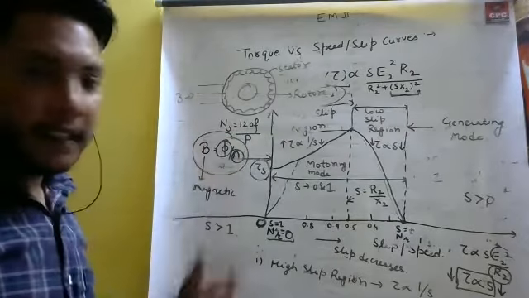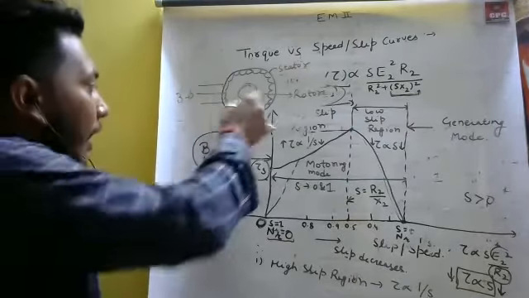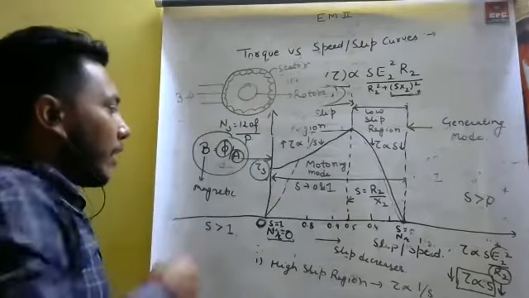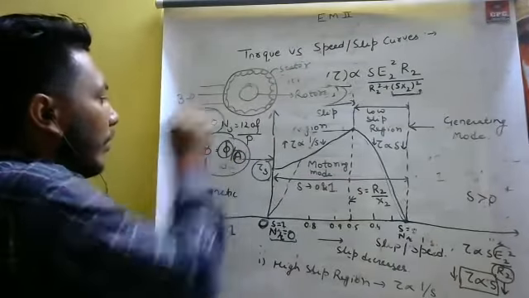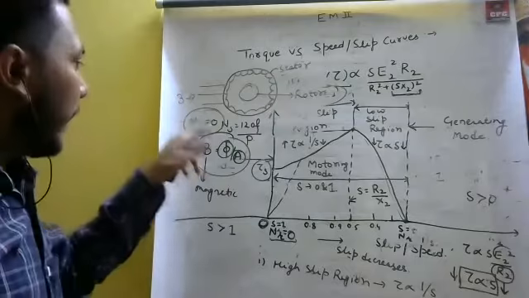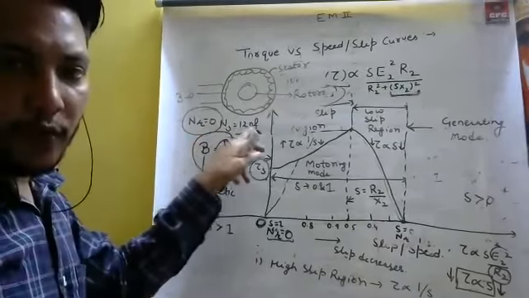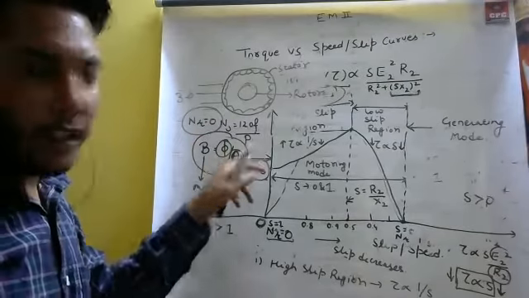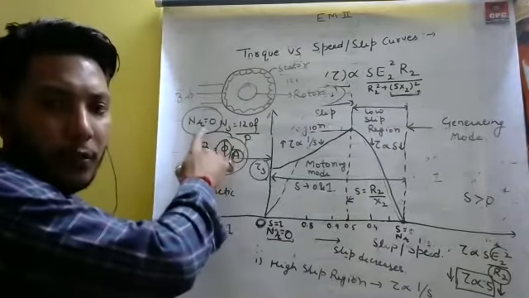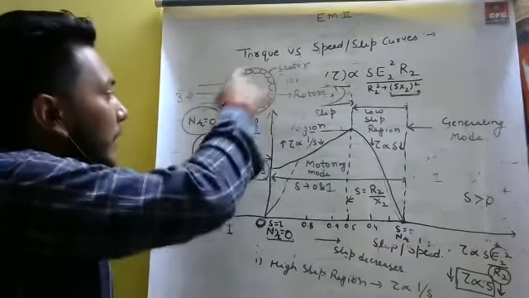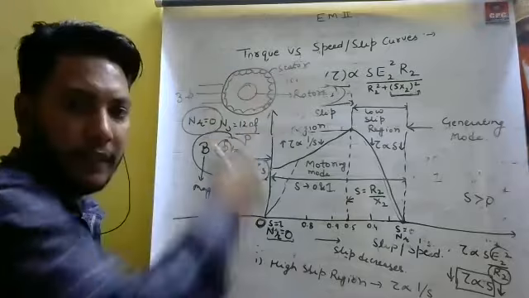At starting, the flux is very high, and the rotor speed is zero. Here nr is equal to 0. When nr is 0 and ns is 120 f upon P, we see that at starting the rotor is standstill, but the speed of the stator's rotating field is very high.